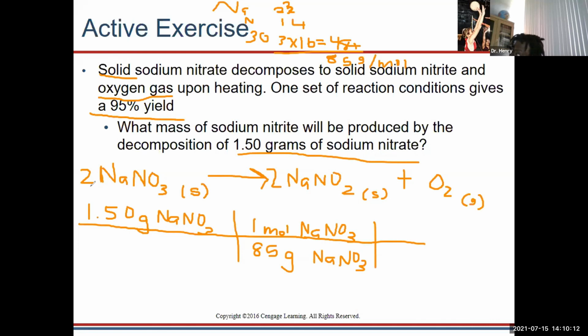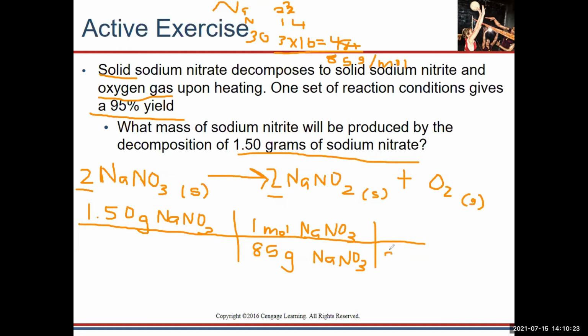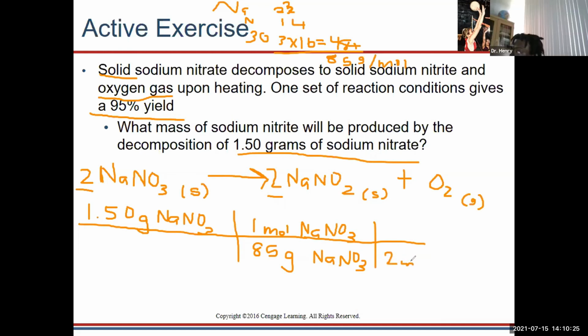Are you sure? What is that ratio? It's 2 to 2. So 2 moles of nitrate on the bottom, and on top 2 moles of nitrite.